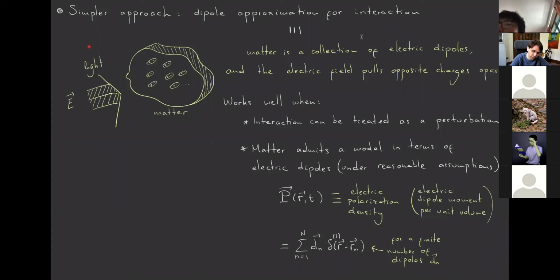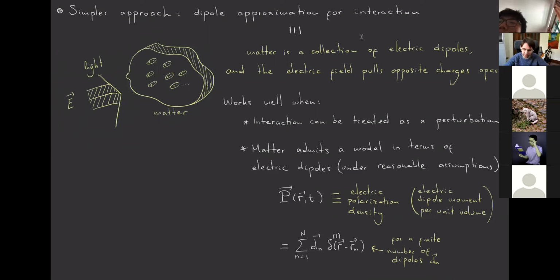But when you apply an electric field from outside, light or any other thing, then what happens is that these tiny dipoles get displaced. The field tries to pull apart negative and positive charges. And this is essentially, to first order, the most important effect that the electromagnetic field has on our fundamental constituents of matter.